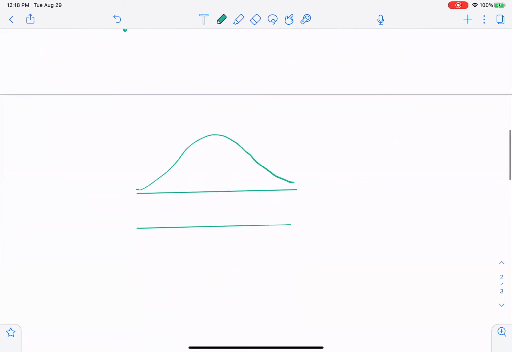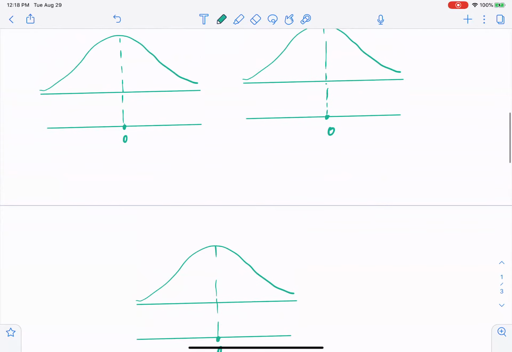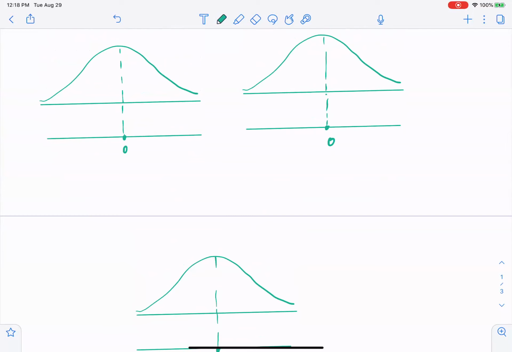The center is 0. I believe I've mentioned this before, that books tend to simply put the critical value on the line above. I like to do it separately so that we understand where the rejection region starts in a better way and keep it separate from probability.